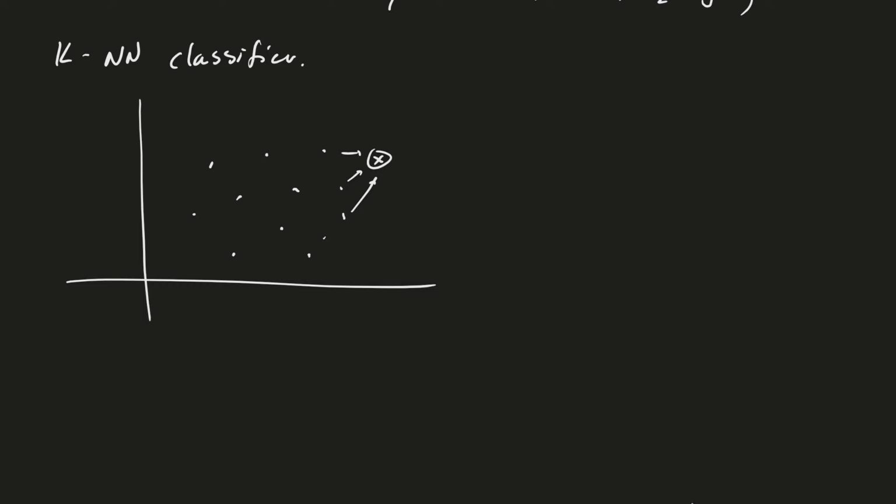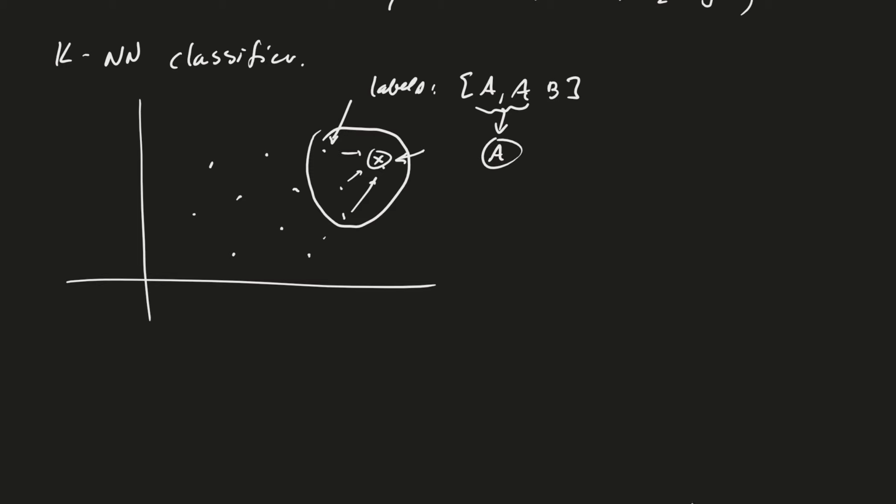In this case, let's take 3. And so then you look at the labels, and these may have different labels, right? So this may have labels like A, and B. And so the way you would label your new point, what would you guess? Did you guess the majority rule here? That's typically what you would do. So you would see which class label is appearing most often, and then you would use that as the class label. Okay.